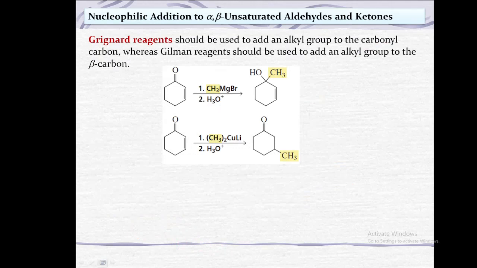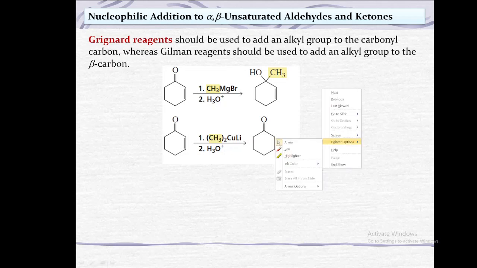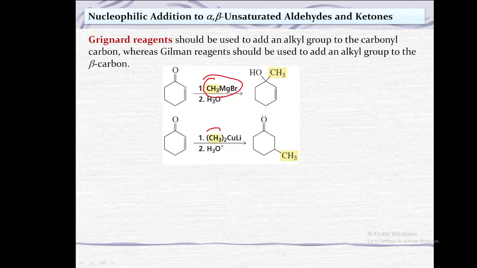Now another thing about reagents and how they control the reaction. We are now comparing two types of reagents here. We are comparing a Grignard reagent and a Gilman reagent. Gilman reagent is a lithium dialkylcuprate, and it carries two alkyl groups.